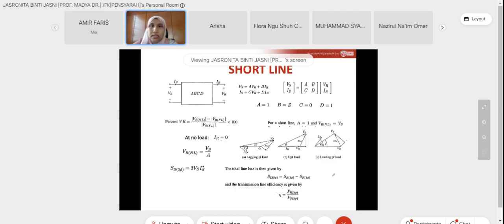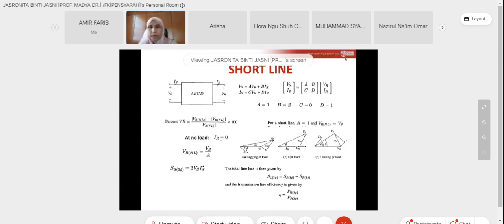So this is the short line, and we name it A, B, C, D. This is a block, because the transmission line is quite long, so we just present it as A, B, C, D, which will represent this.